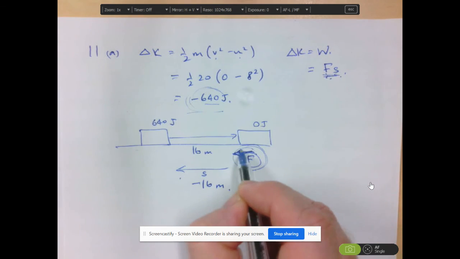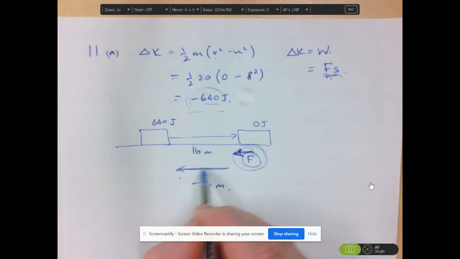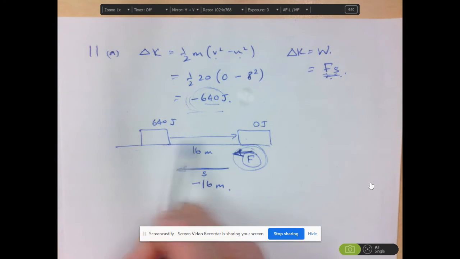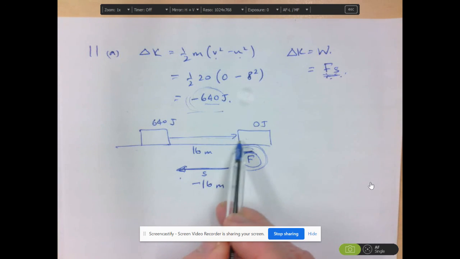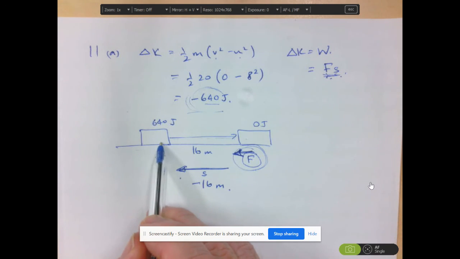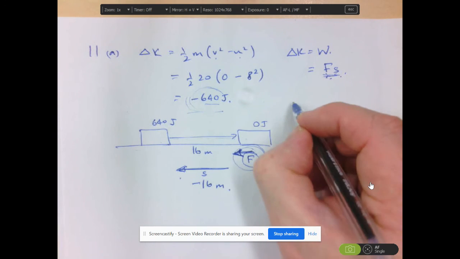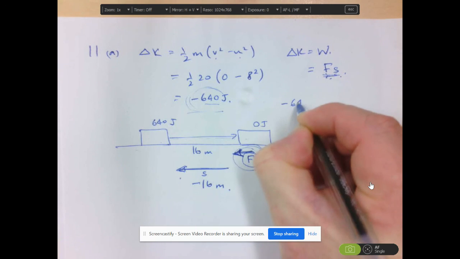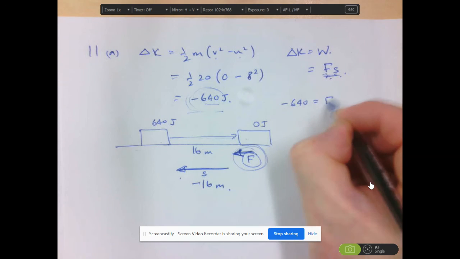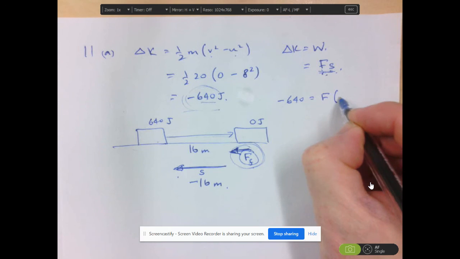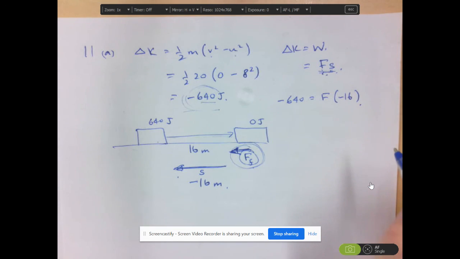So if the frictional force is acting this way, then displacement must be this way, but we're moving this way. So if that's the direction of motion, then displacement this direction will be negative 16. So this will take care of these two negatives. So we get minus 640 equals the force, in this case friction, times the displacement, which is negative 16.